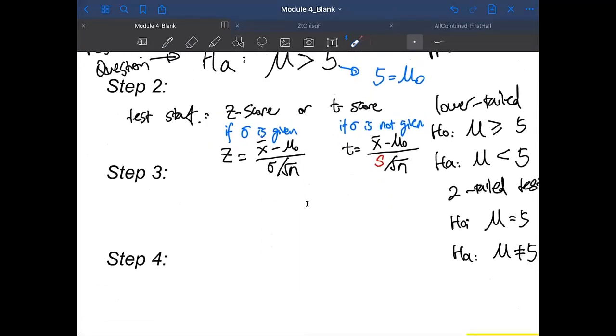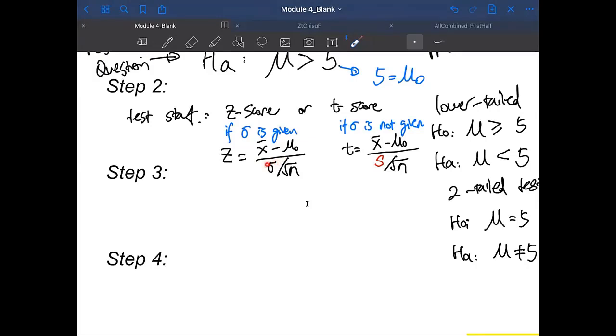So what do you do for step 3 then? You establish this evidence. This is pretty much your score. If you do the calculation and find your z-score is 0, that means your sample average is not very different from 5, so you probably have a lot of evidence to support your null.